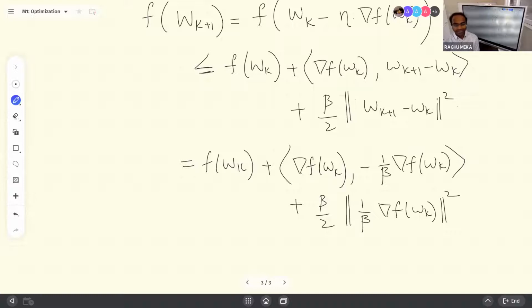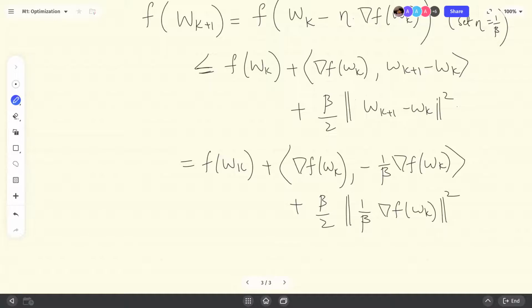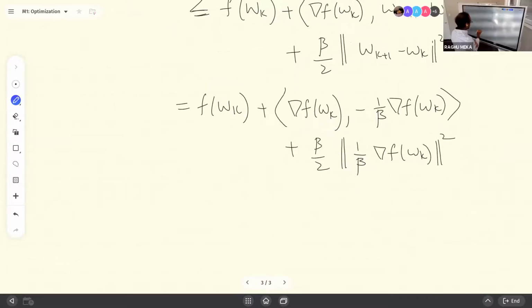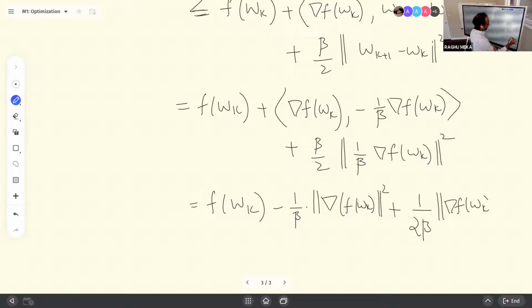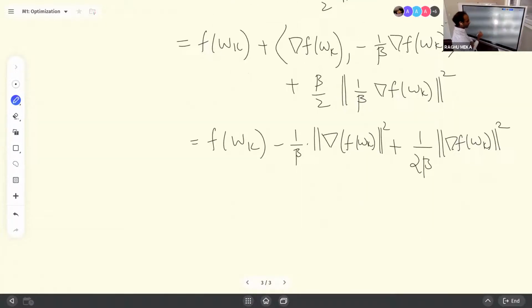Okay, and now we are basically done, right? What's the inner product of a vector with itself? The norm squared, right? So I'm getting minus 1 over beta times the norm squared of the gradient, and I'm getting 1 over 2 beta times the norm squared of the gradient. So you are making progress.